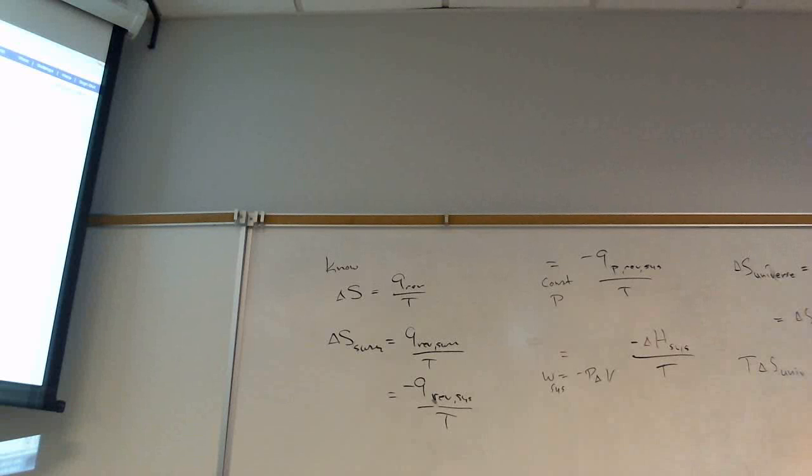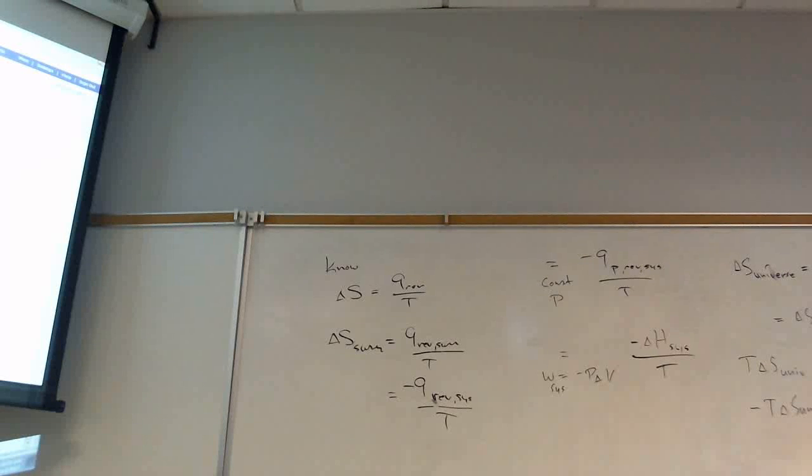Oops, not over T. We'll just leave it like that. Okay, then we're going to multiply by, actually, are we going to multiply? Yeah, let's multiply by negative. So we get minus T delta S of the universe is equal to delta H of the system minus T delta S of the system.